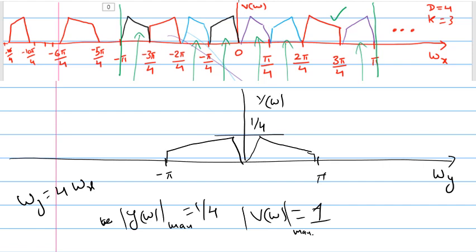So that's one thing. Now let's take another example for the case when d is equal to 4 and k is also equal to 4. When k is equal to 4, we call it even band position.